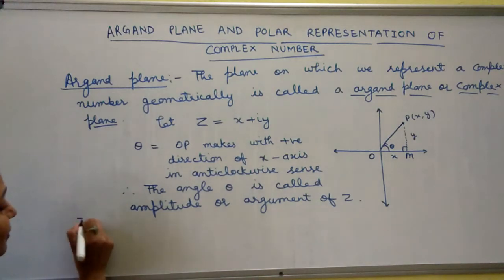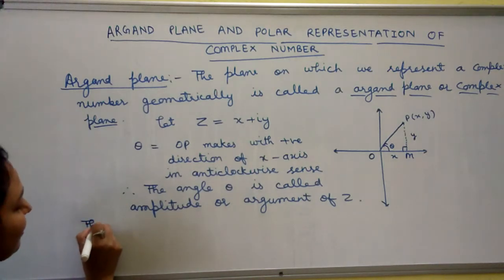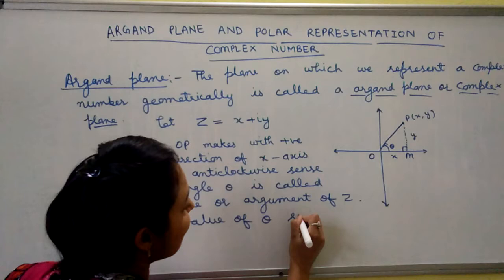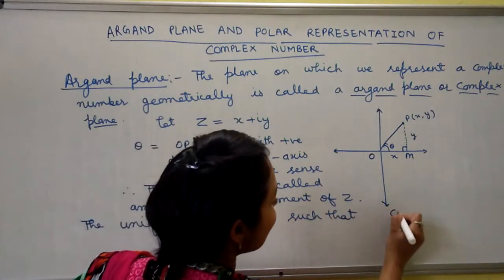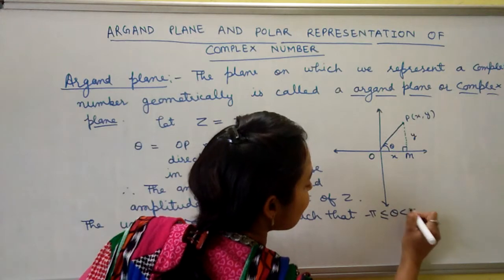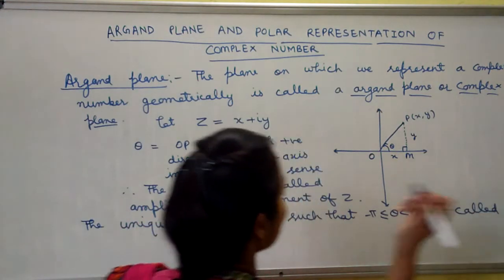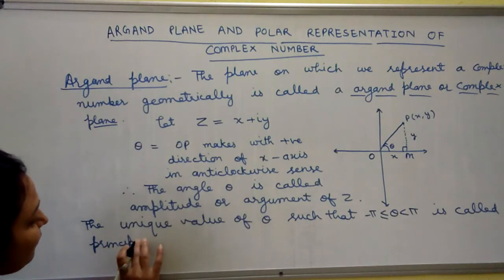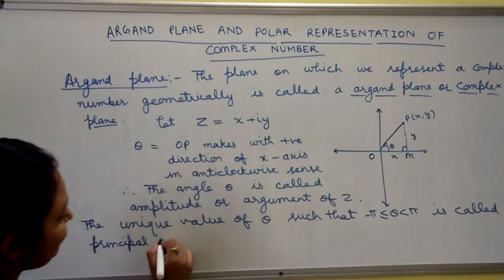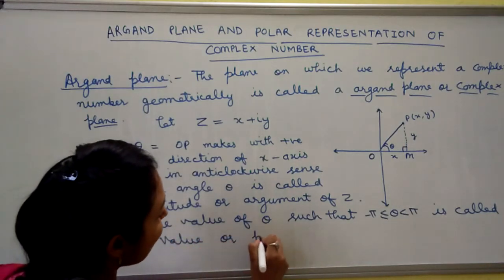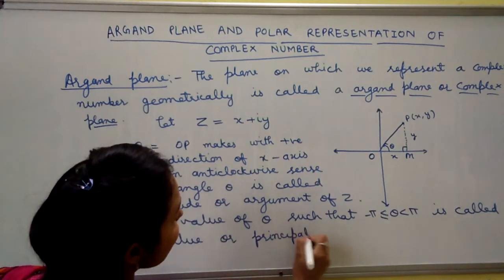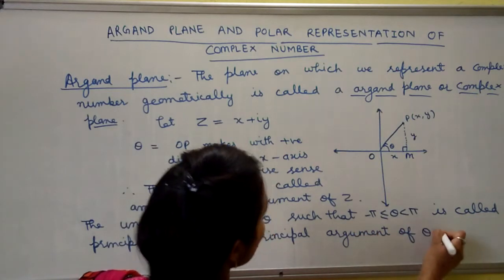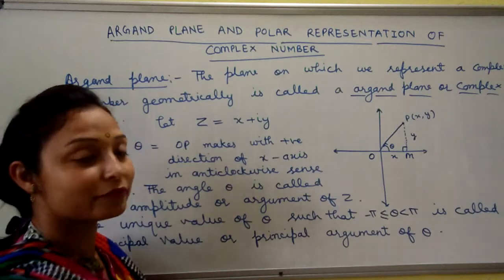If the unique value of theta is such that theta lies between minus pi to pi, it is called the principal value or principal argument of z.